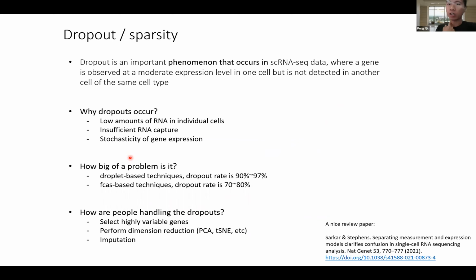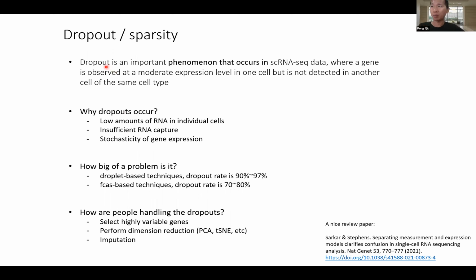But before talking about any existing imputation algorithms, I'd like to quickly introduce one definition for dropout or sparsity, and also talk about why they occur and how big of a problem they are, right? So dropout is, according to one of the reference papers that I forgot which one.